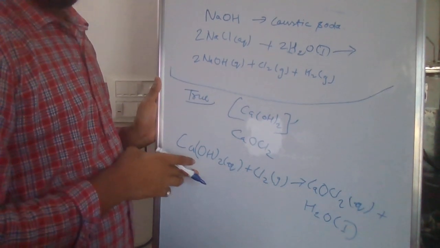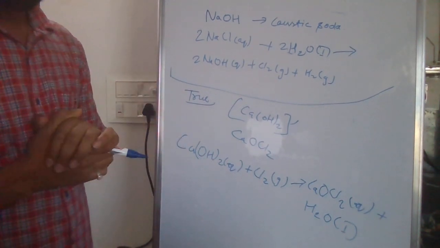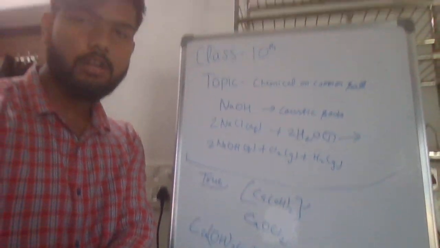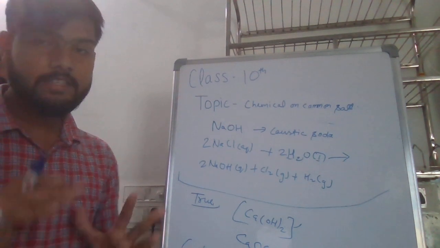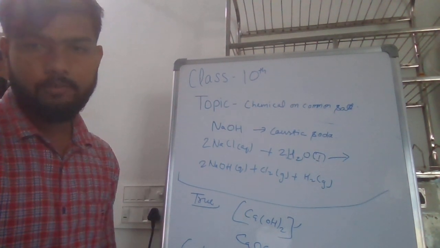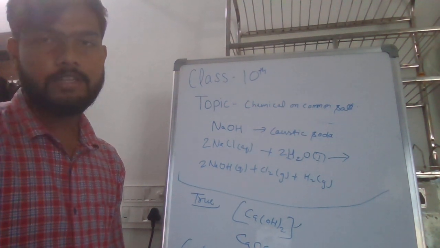Please write down this preparation using the chemical formulas. On interaction with water, bleaching powder releases chlorine, which is responsible for the bleaching action. So I hope everyone is clear about how bleaching powder is formed.